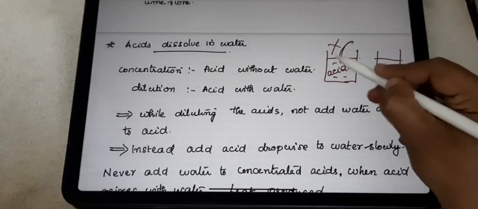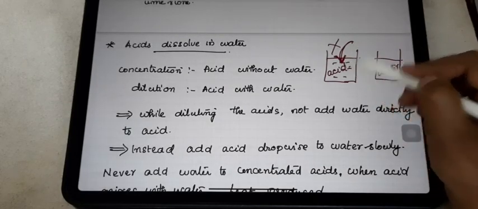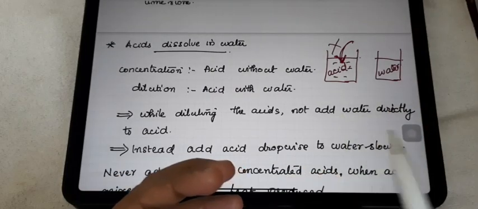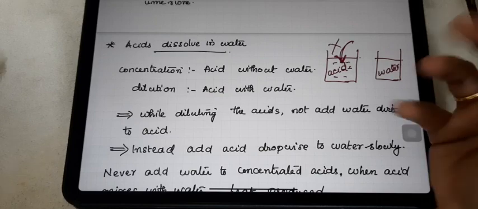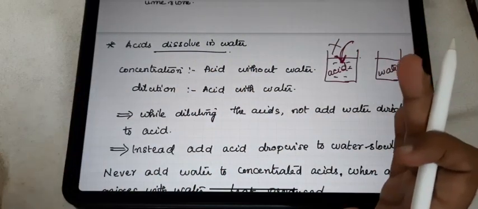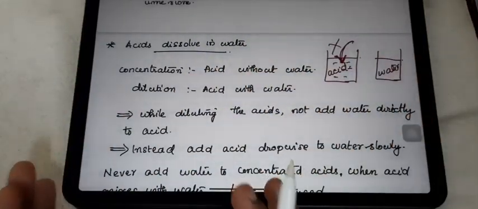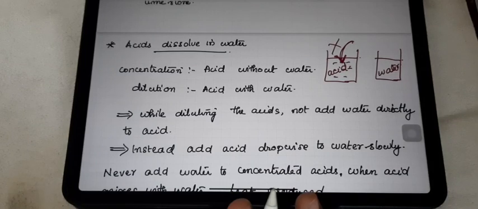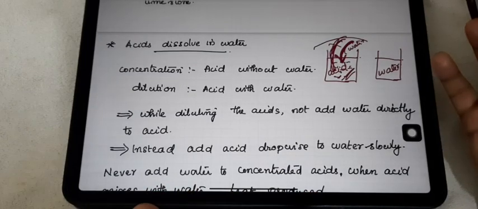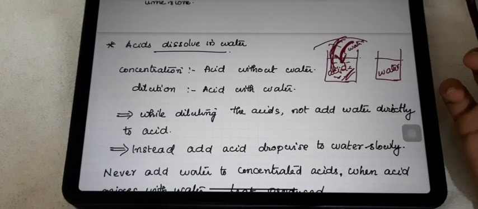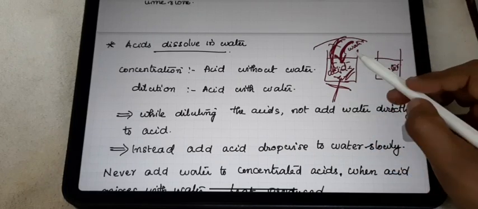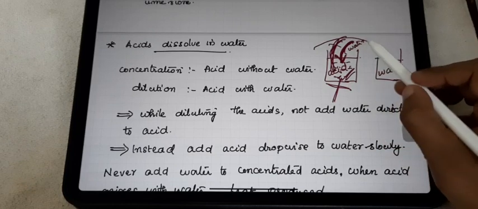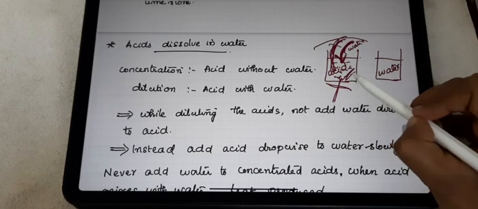Because when we add water directly to concentrated acid, the acid will splash out because of the heat generation. It will damage those standing near the beaker, and they will be severely burned. That's why don't use the normal dilution method for acid. Don't add water directly to acid.